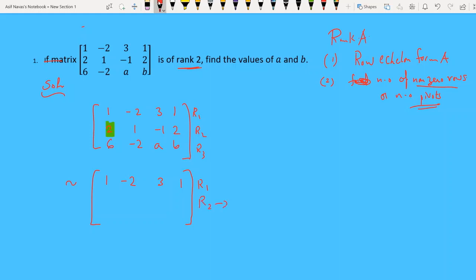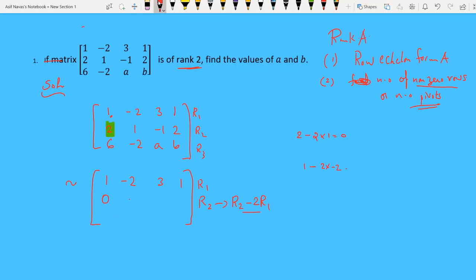R2 changes to R2 minus 2R1. That means you will get 2 minus 2 into 1, so this will become 0. Then what will be here? 1 minus 2 into minus 2.